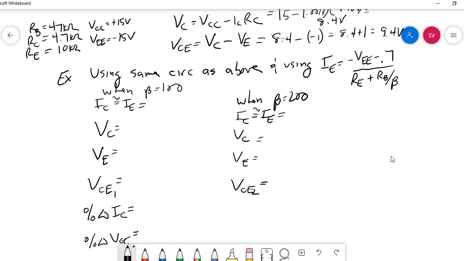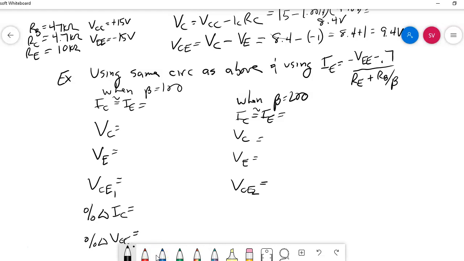And using this formula here, minus VEE minus 7/10 of a volt over RE plus RB over beta, we want to calculate our IC when beta is 100, our IC when beta is 200, our VC, our VEs, our VCEs, and then look at the percent changes. So we're going to assume that the percent changes aren't really going to be significant at all. They'll probably be maybe around 1% or just under 1% changes. But we'll see what happens in the calculation.